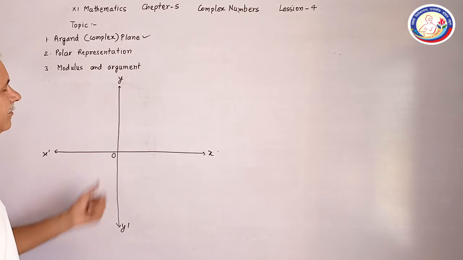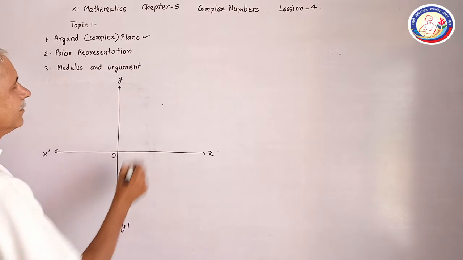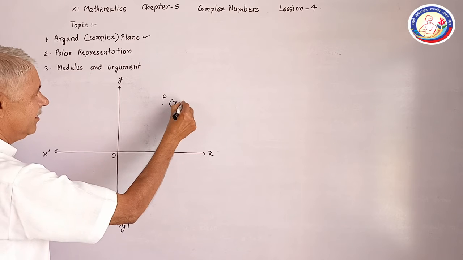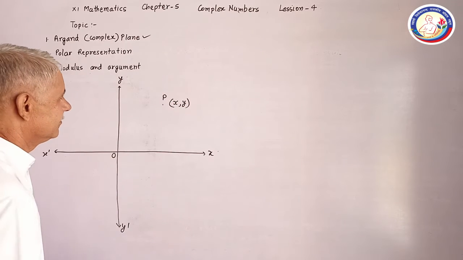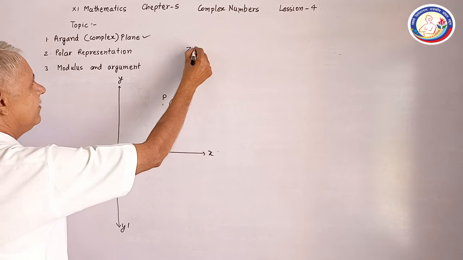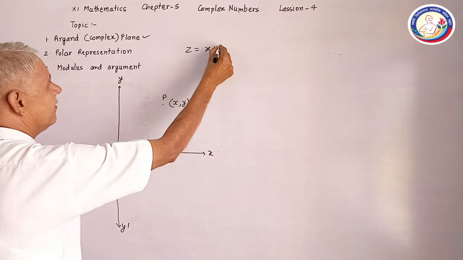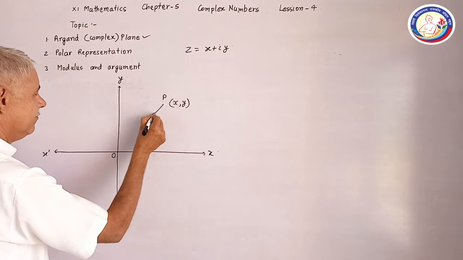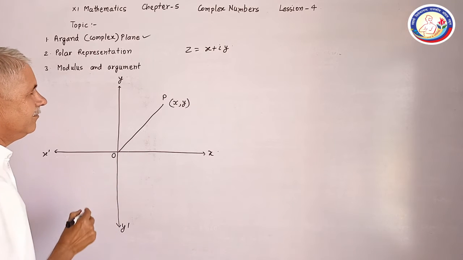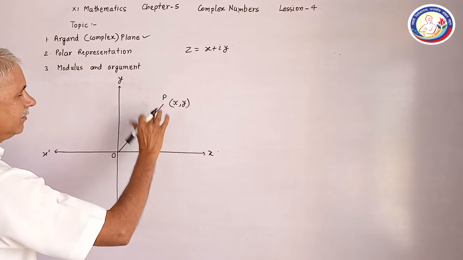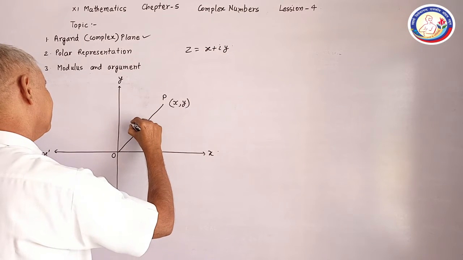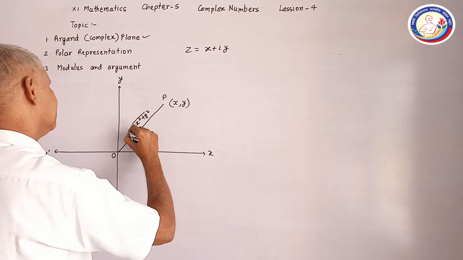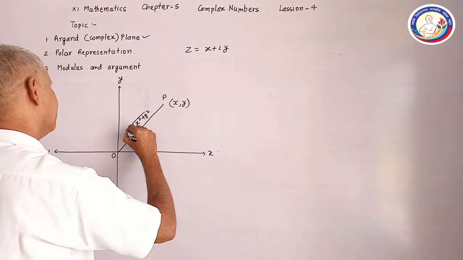O is the origin and P is a point with x, y as coordinates. Let z be the number x plus iota y. Now join P with O. We will have OP as under the root x square plus y square, and it is denoted by modulus of z.